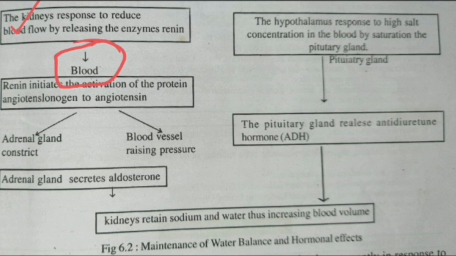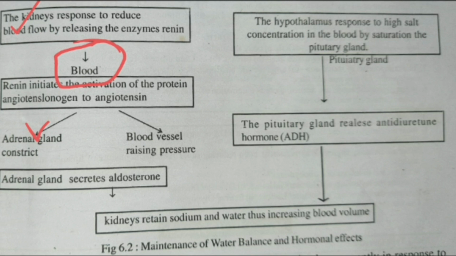The first one is the inactive form, from which the active angiotensin is produced. Angiotensin acts in two ways: it can act on the adrenal gland, and it can also increase blood vessel pressure.